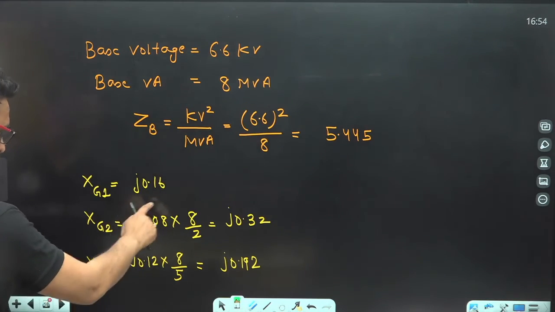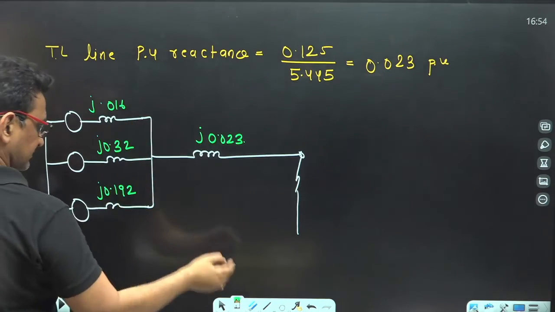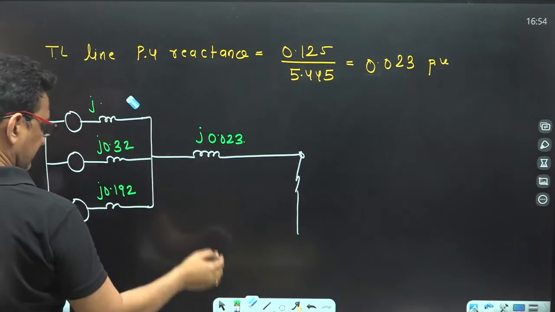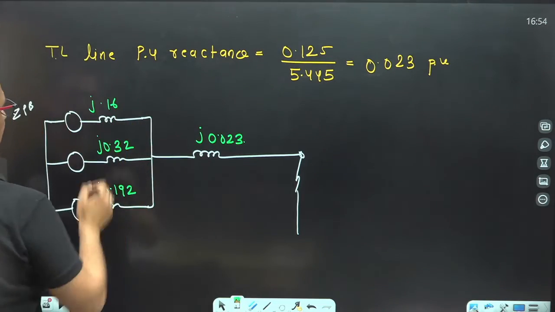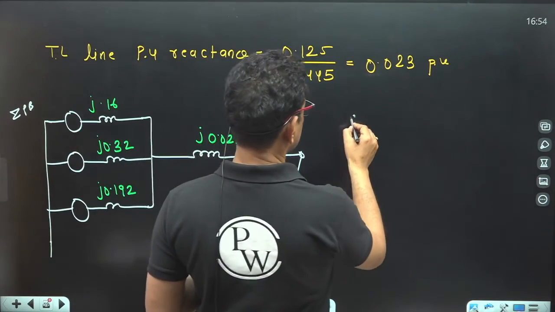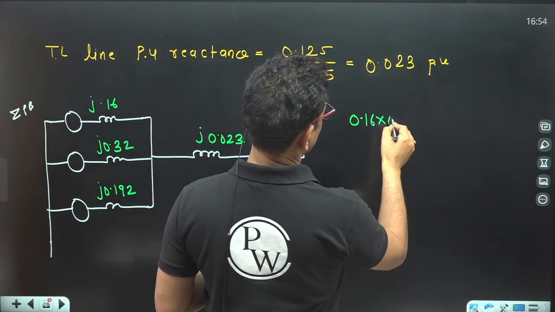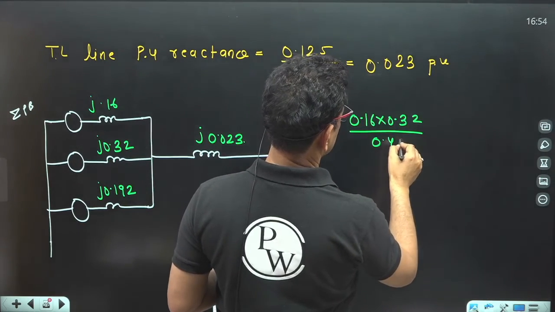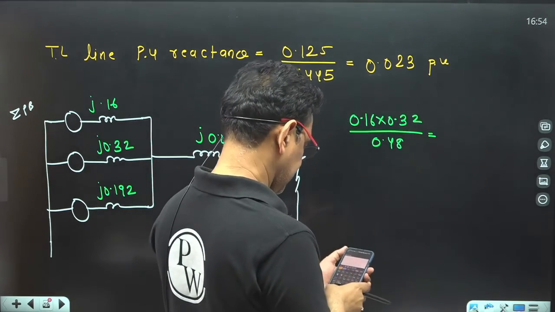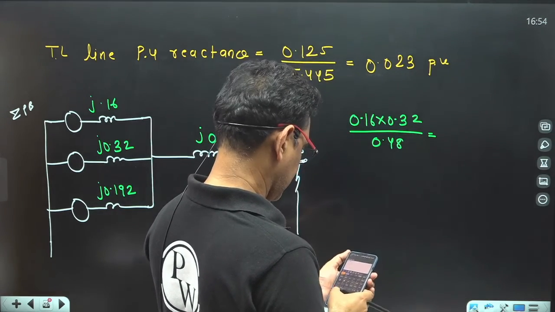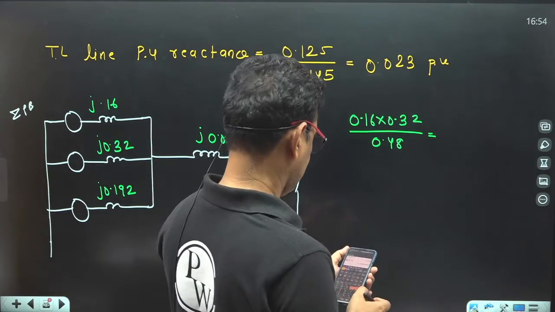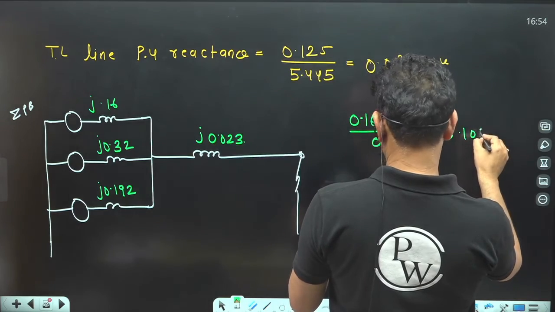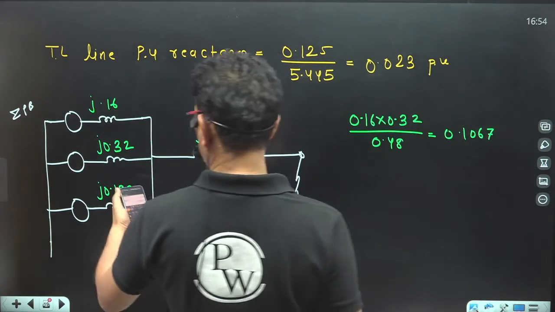0.16 and 0.32 in parallel, with 0.48, gives 0.1067, and now 0.192.